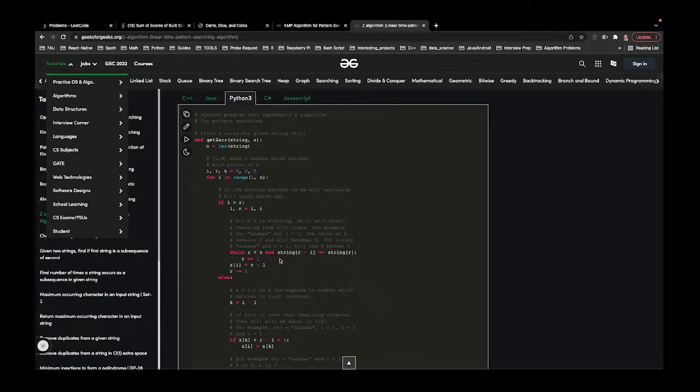Then Zi, at the current I position, we want to know from I towards the end how many matches we have.